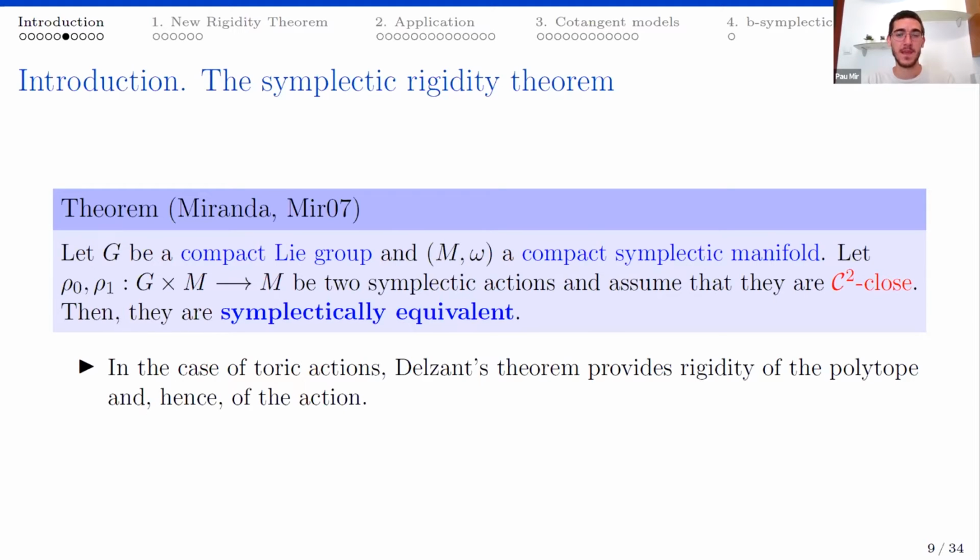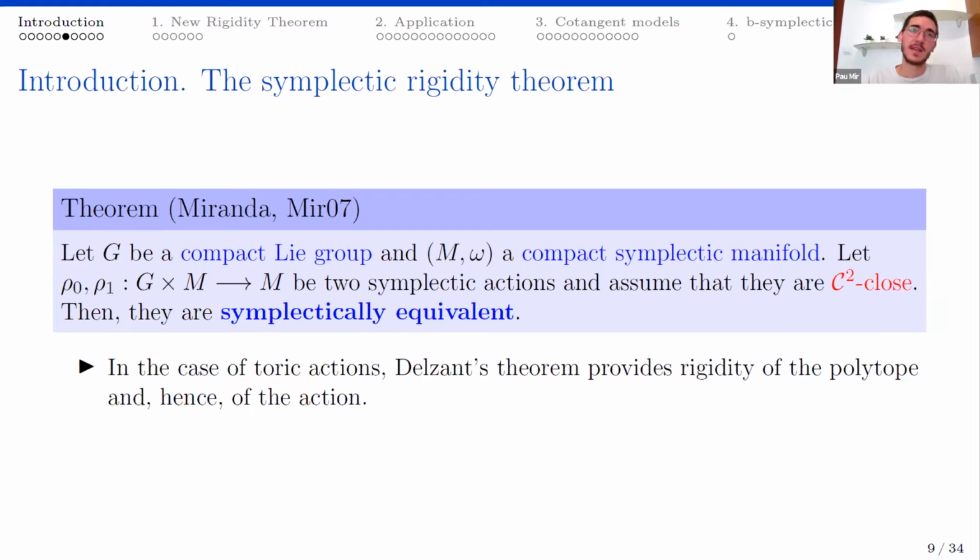This is what connects with momentum map theory, momentum polytope theory, because in the case of toric actions, if this action of a Lie group was toric, you already know that this action is rigid, because of the Delzant theorem, which provides this Delzant polytope, and already provides rigidity of the polytope, of the points on the polytope, especially of the singularities that you have in the polytope, all the kinds of non-degenerate basic singularities.